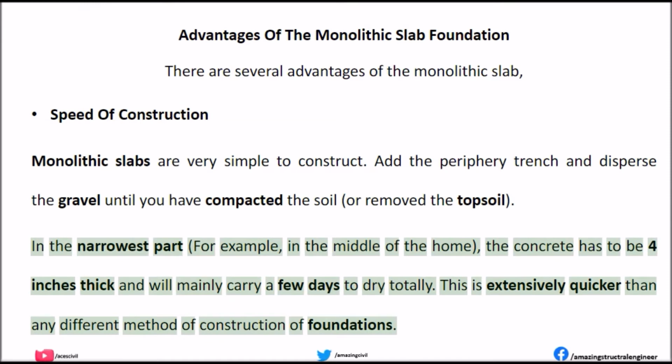In the narrowest part, for example in the middle of the home, the concrete has to be 4 inches thick and will mainly take a few days to dry totally. This is extensively quicker than any other method of construction of foundations.